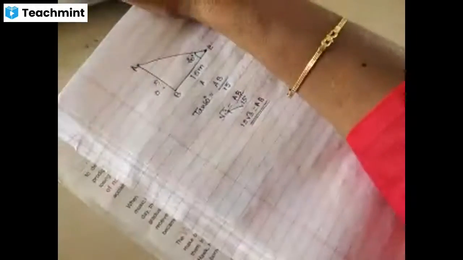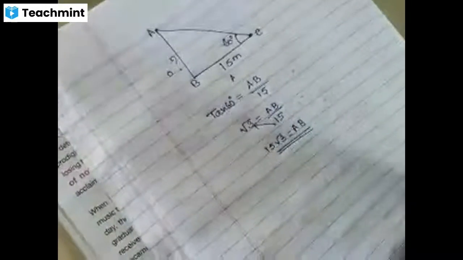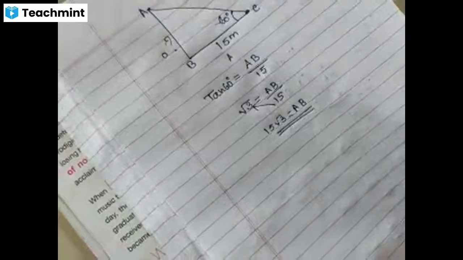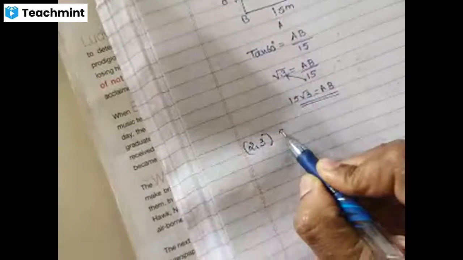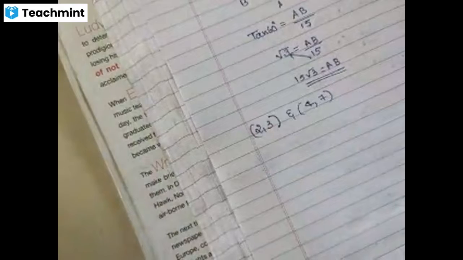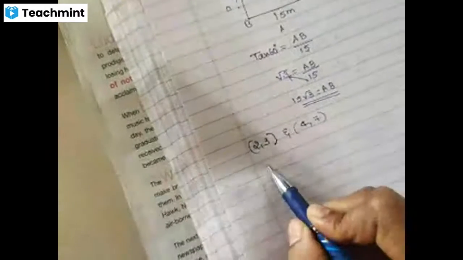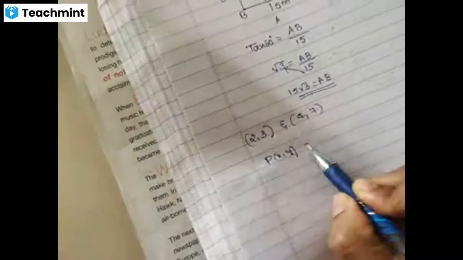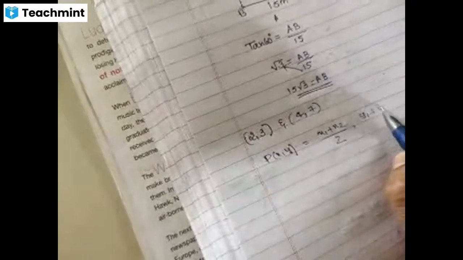Okay, 15√3. Next question. The coordinates of the midpoint of the line segment joining the points (2, 3) and (4, 7) are. Midpoint formula: P(x, y) is equal to ((x1 plus x2) by 2, (y1 plus y2) divided by 2).